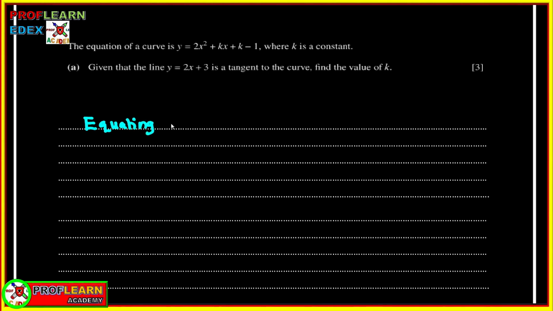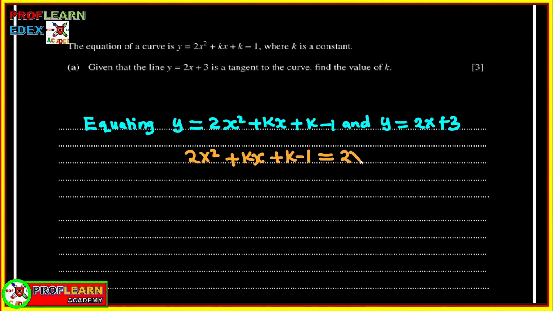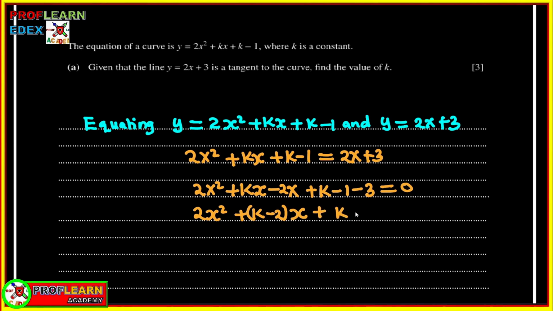From this equation we are told that y equals that, so we need to equate the two equations so that we can find the discriminant. If you equate the equations and put the like terms together, since the line is a tangent to the curve, the discriminant is going to be equal to 0.